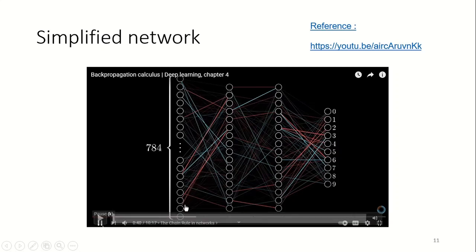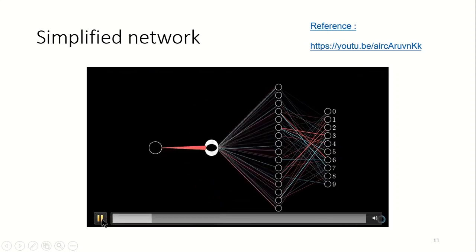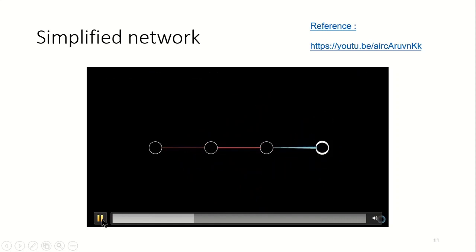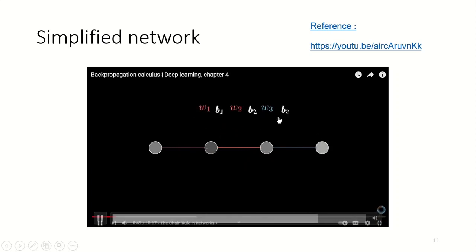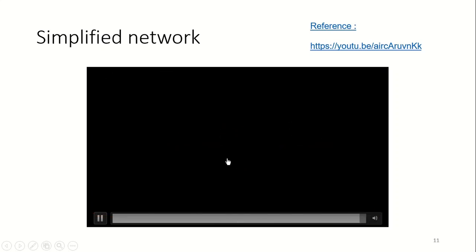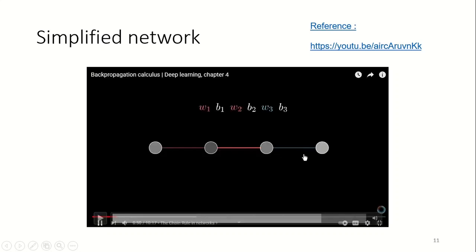Assume that we have one node in each layer. We are just squishing it into a single element in each layer. The weights of these edges are W1, W2 and W3, and the biases like that. So we are taking a simplified view of this network.